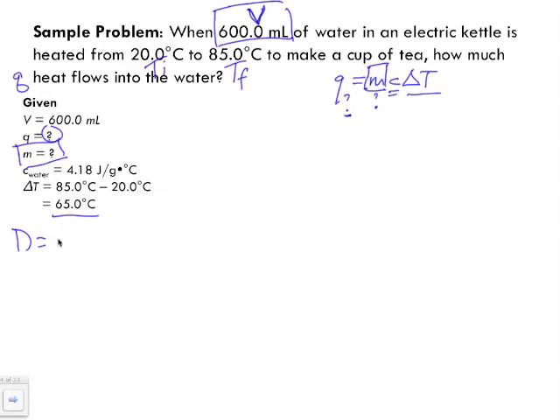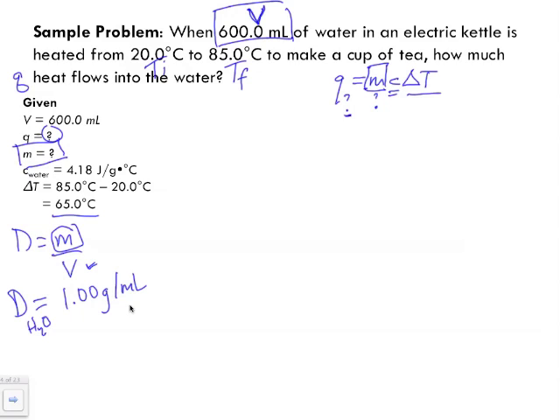Now, to get the mass, think of density. Density is equal to mass over volume. We're given a volume, but we do not know the mass. That's what we're trying to find. But if we know anything about water, we know that the density of H2O is 1.00 grams per milliliter.